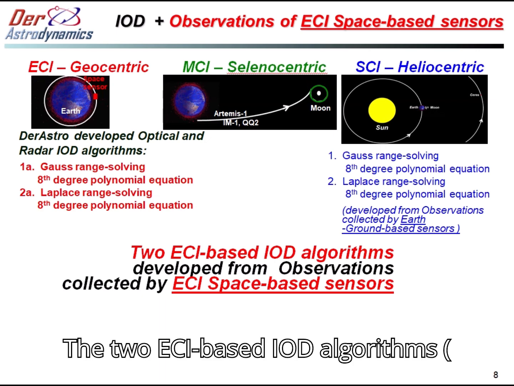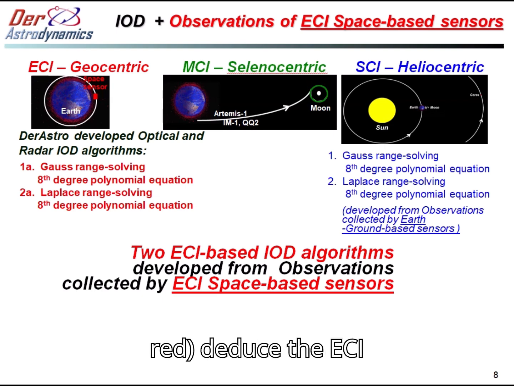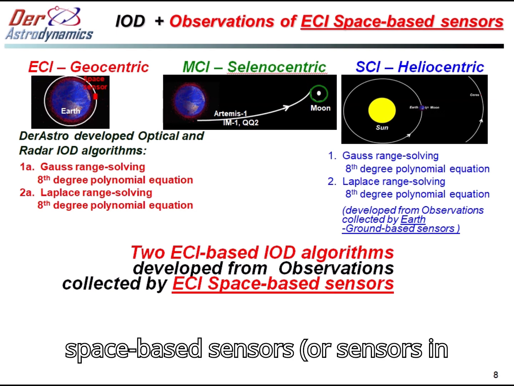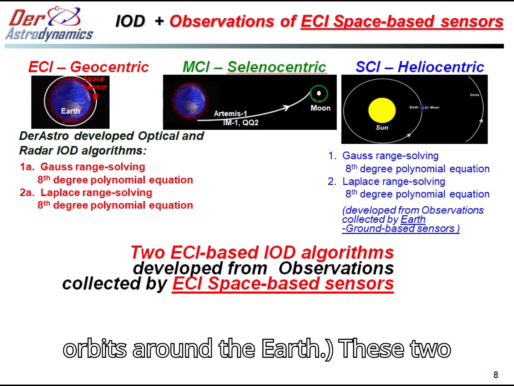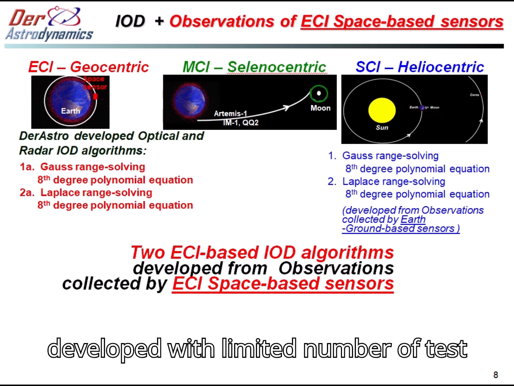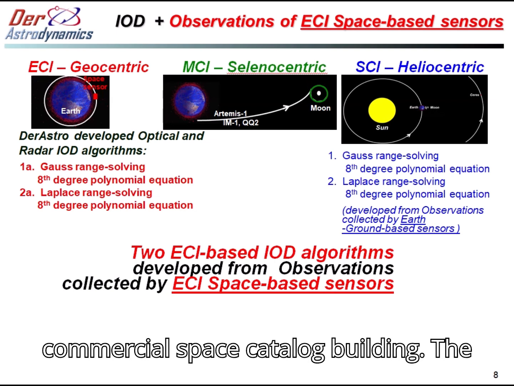The two ECI-based IOD algorithms, 1A and 2A, highlighted in red, deduce the ECI initial state vector from observations collected by ECI space-based sensors or sensors in orbits around the Earth. These two IOD algorithms, which were only developed with a limited number of test cases, are outside the scope of commercial space catalog building.